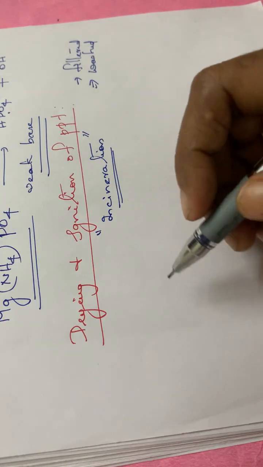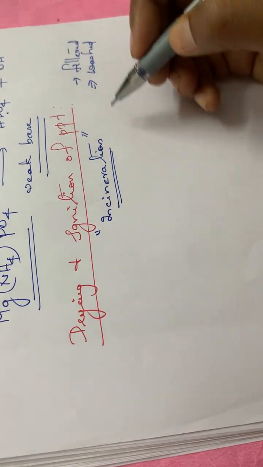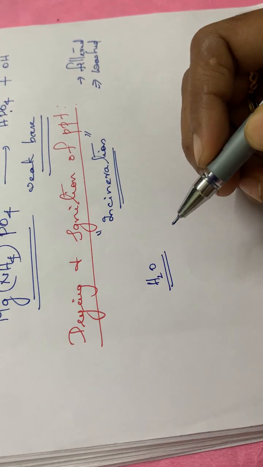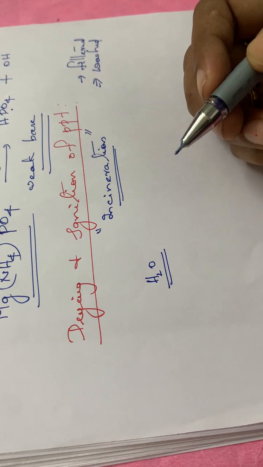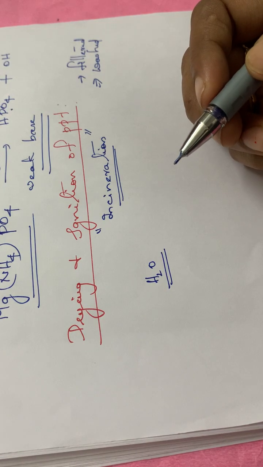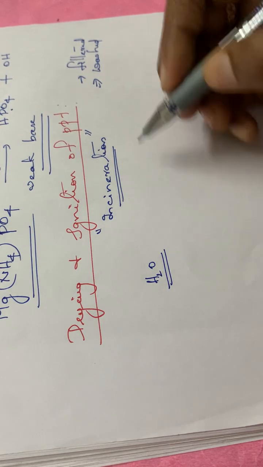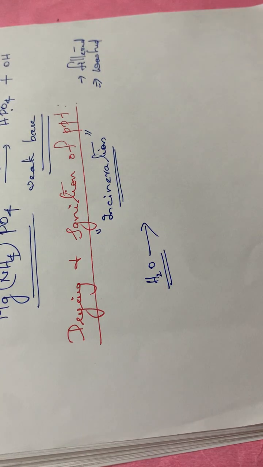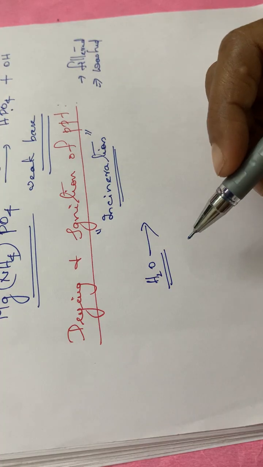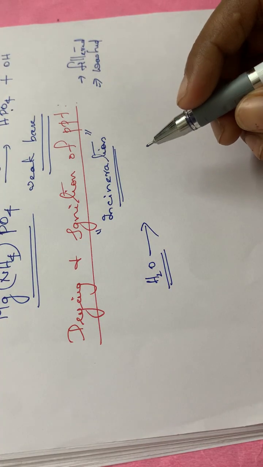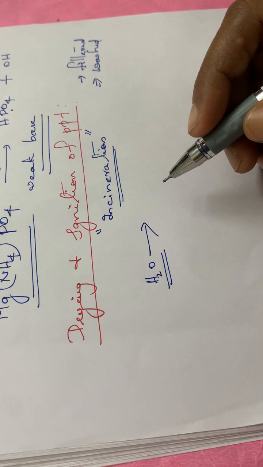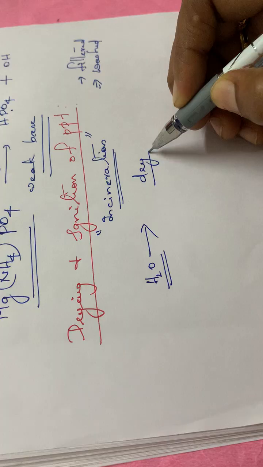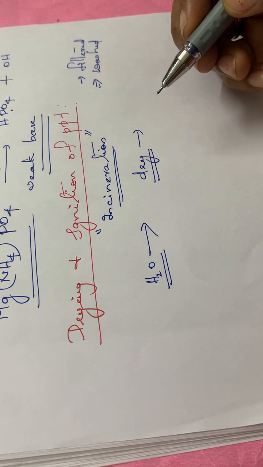Okay, so drying means, see, even after washing, what happens? Some water molecules may be attached to the surface of the precipitate, or the precipitate will be wet, isn't it? So in order to remove the water molecules present on the precipitate, we have to dry that precipitate.